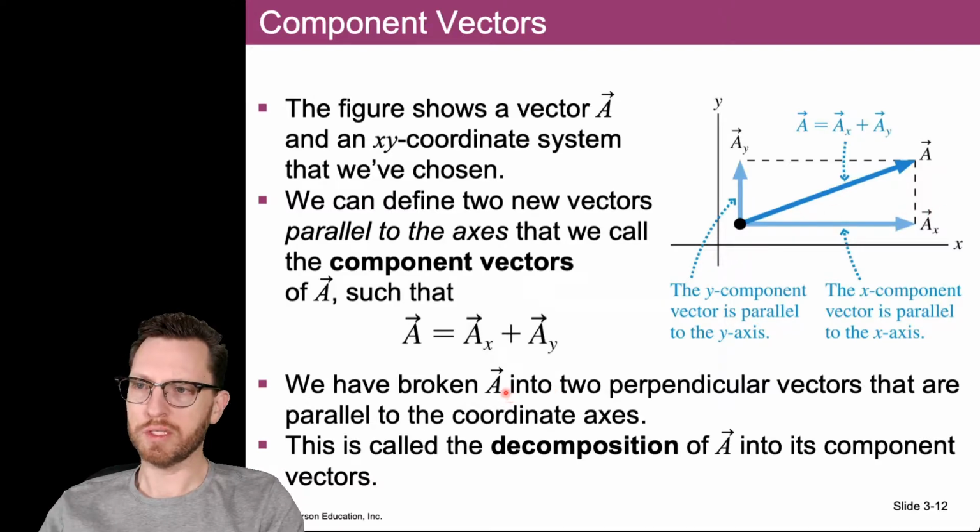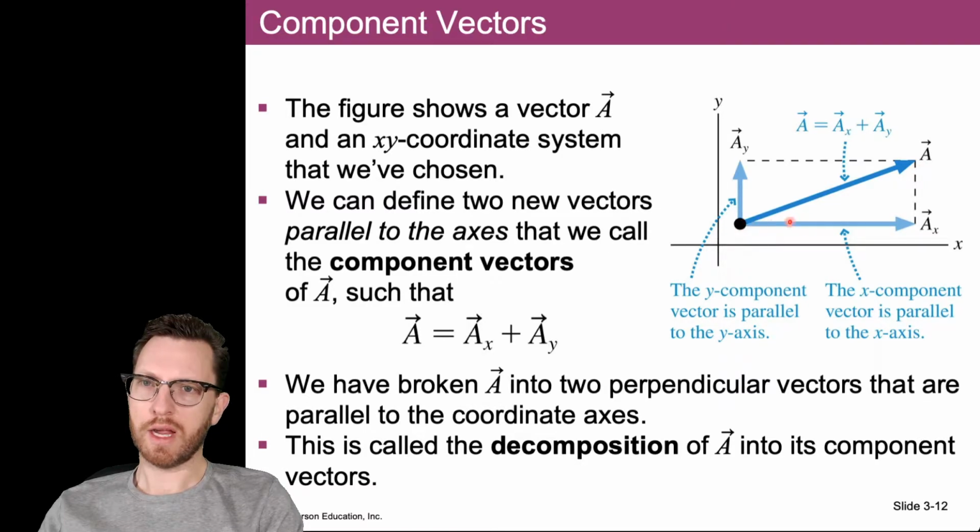So for instance here, we're going to find two vectors, vector Ax and vector Ay, such that when I add them together, they give me that vector A that I've placed in my coordinate system. Vector Ax, we can see here, is parallel to the x-axis. Vector Ay is parallel to the y-axis. And you can see that when I put them tip to tail, Ax plus Ay, I get this total vector A, the original vector.